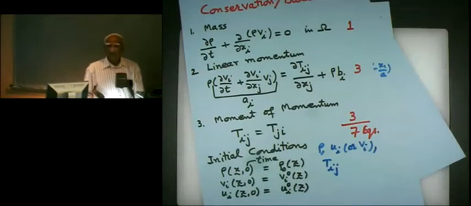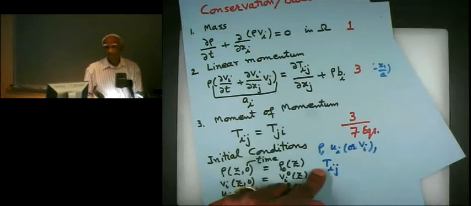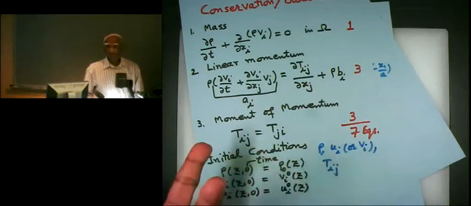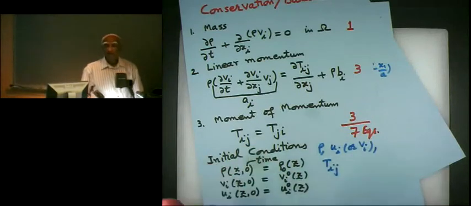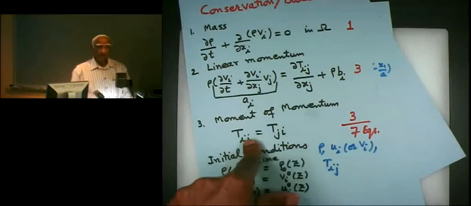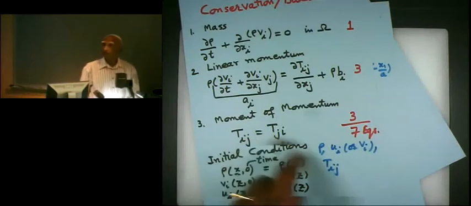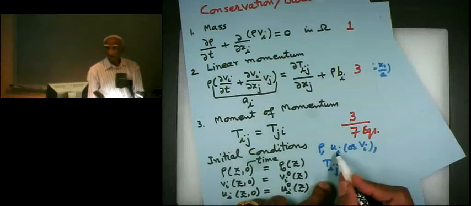If you count these as equations, then you have to count these as 9 unknowns. You cannot double count. So you have 9 plus 3, 12, plus 1, 13 unknowns.